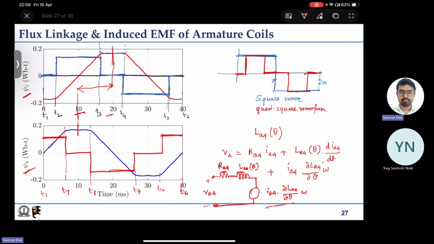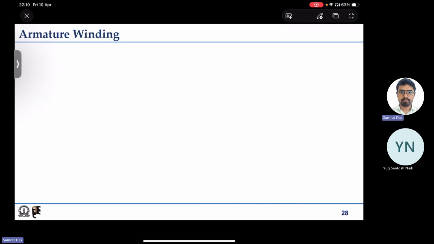But actually, at least in the steady state case, how do we represent the equivalent circuit of the DC motor? We put some resistance in the armature, we put some constant back EMF. Why is it a constant? How can we represent this with a constant? So that is the next question that we are going to deal with.